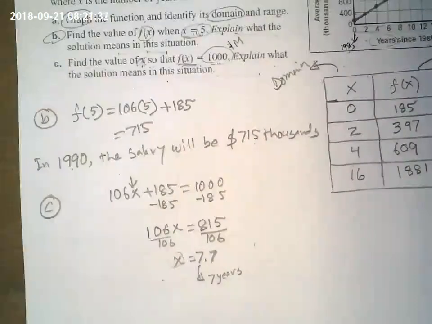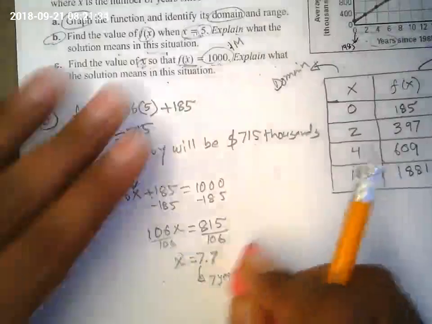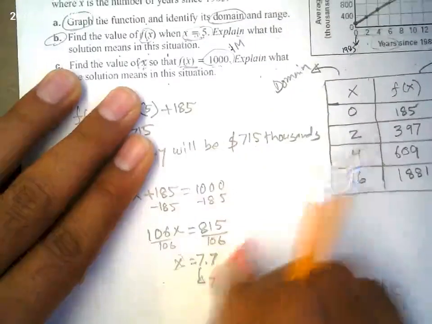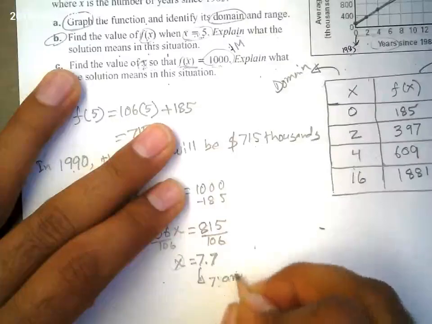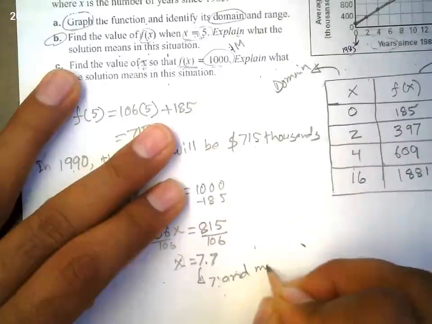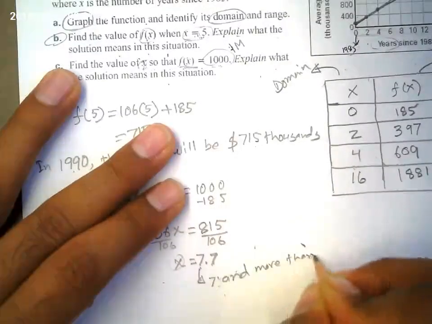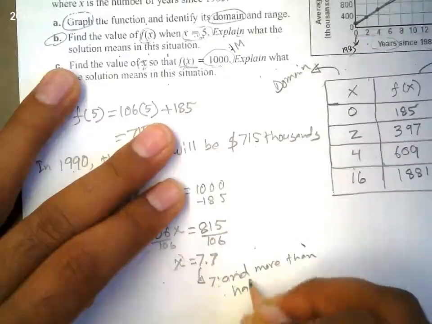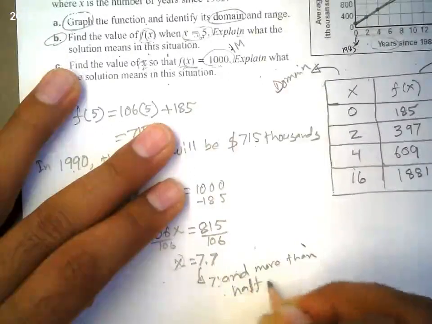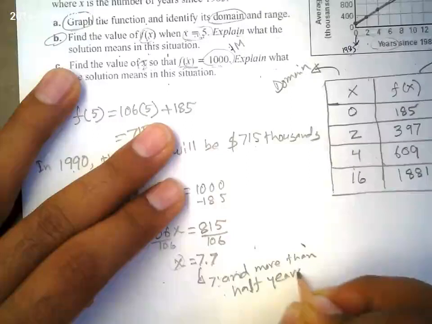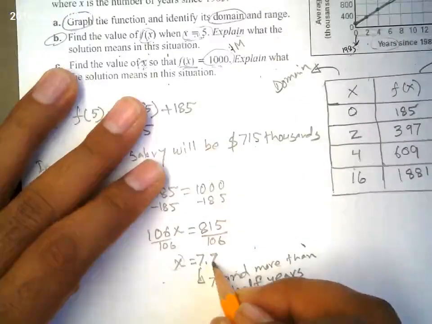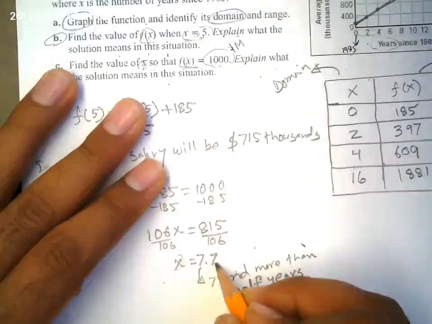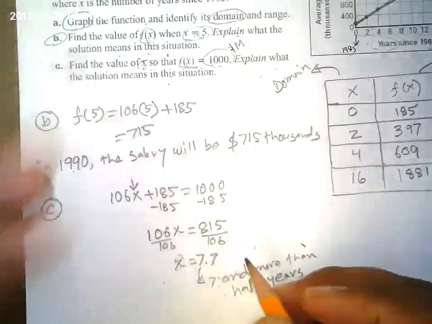Actually, I'm going to erase it, write it correctly. 7.5 years, right? 7 and more than half years. So if I say 7.5, that's 7.5. So more than 5 is 7.7.